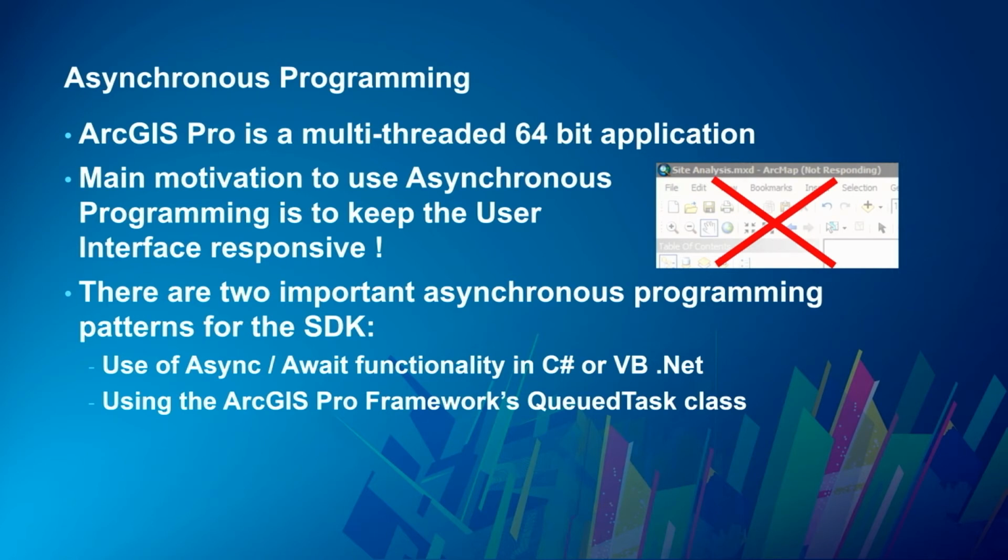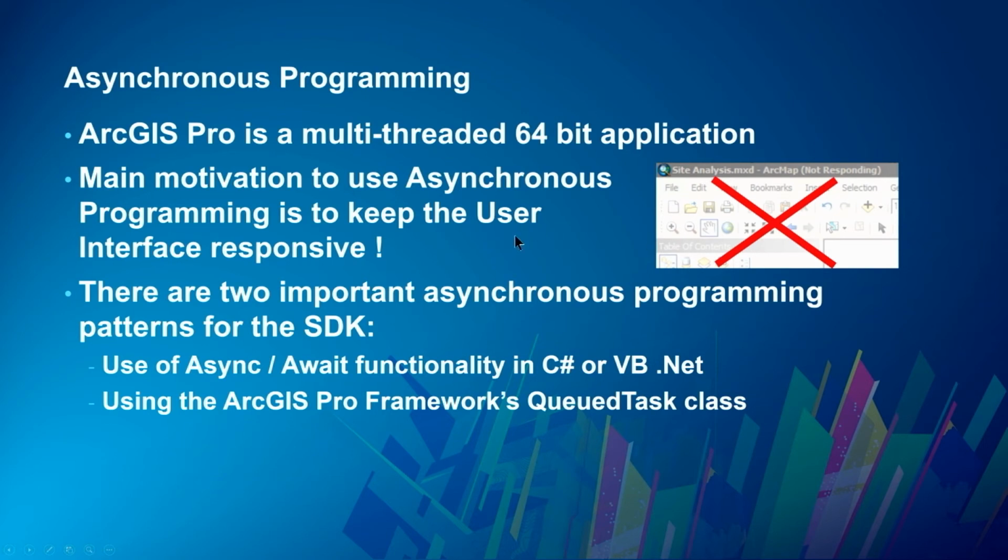So if you remember from ArcObjects, if you had any kind of lengthy operation where you didn't implement your own yielding or your own background threading, you would usually get the not responding text on the menu, and then your UI was not responding, was dead, right? And then you just had to wait until it recovered eventually, and then you were fine. So in Pro, that's not really the case anymore.